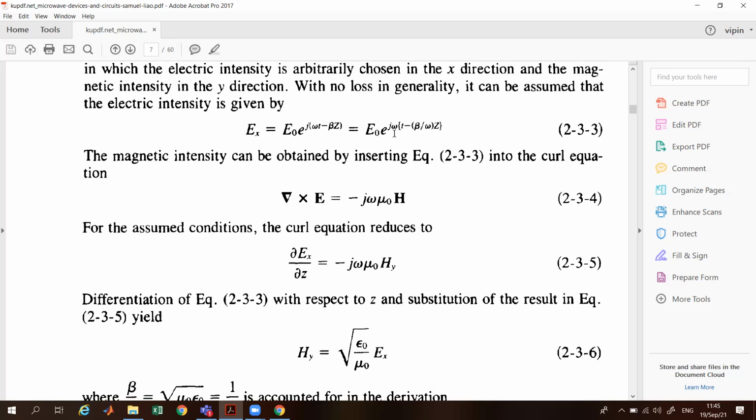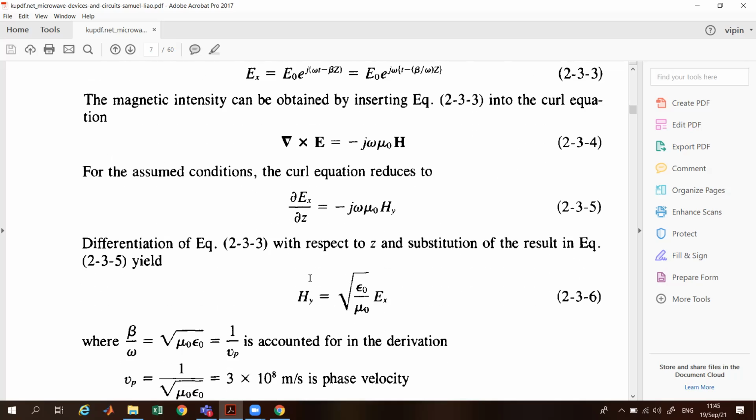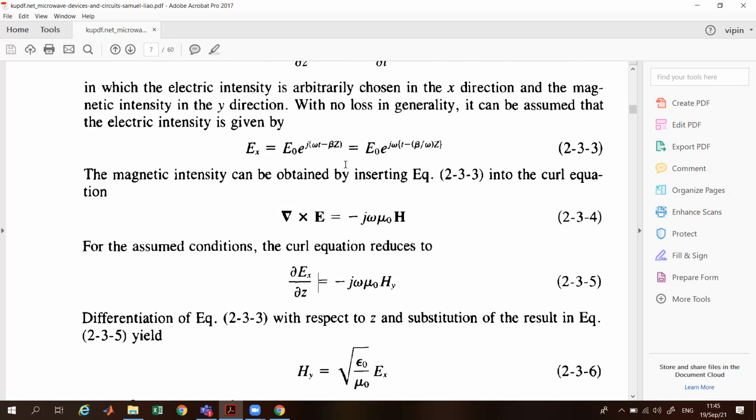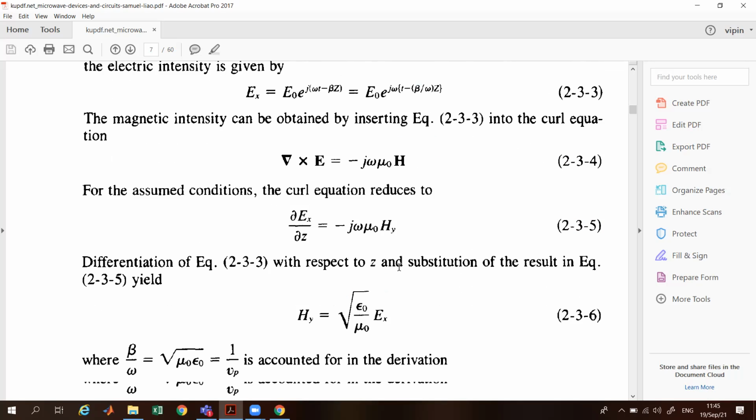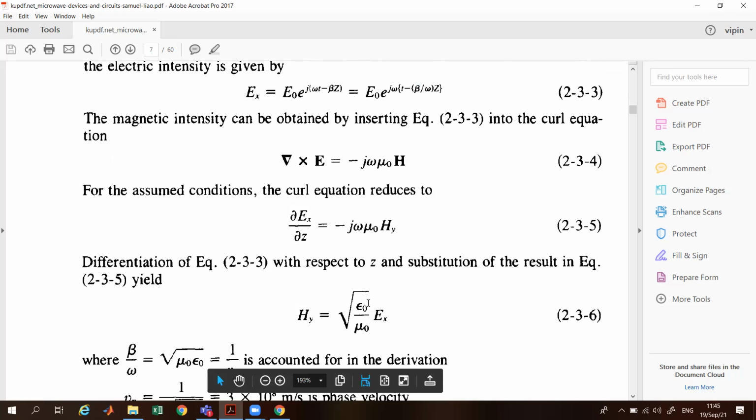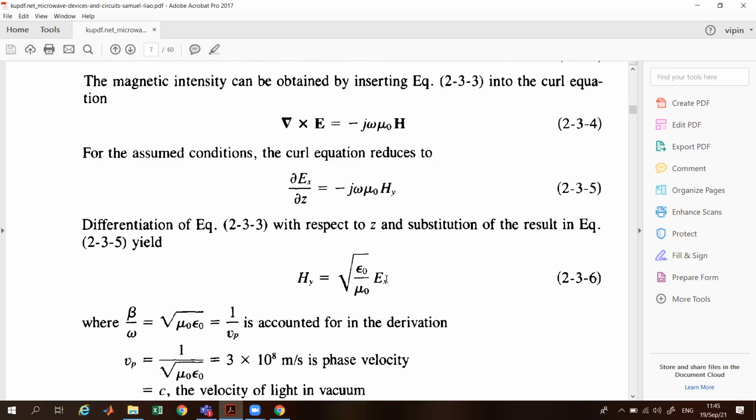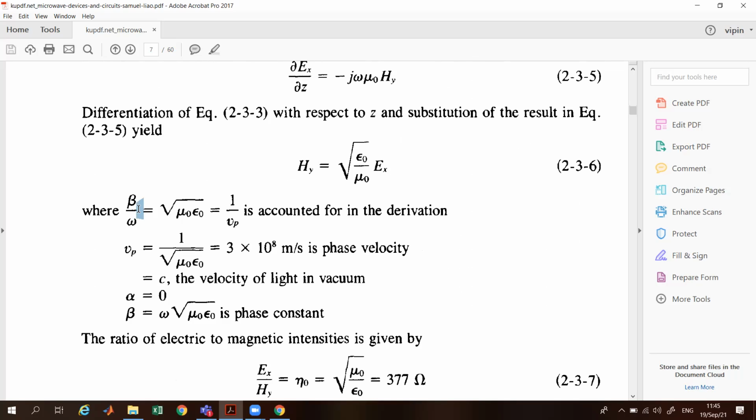Let's say e raised to the power az, its differentiation will be a into e raised to the power az. So when you solve these equations, Hy will be equal to the square root of epsilon naught divided by mu naught into Ex. What assumptions are made here?